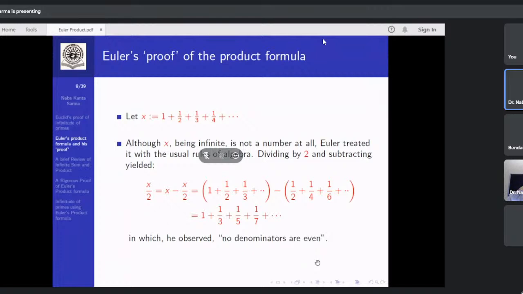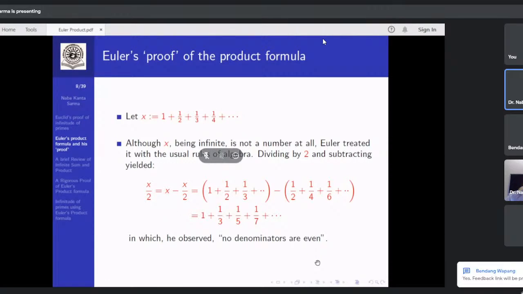Now we know that this infinity cannot be treated as a real number, so the usual rules of algebra do not apply for infinity. But at that time, these things were not very clear, and Euler ignored this fact and treated this x as a real number. So he divided this x by 2 and then subtracted. What he did, he wrote x by 2 as x minus x by 2, and he put the value of x and then x by 2.